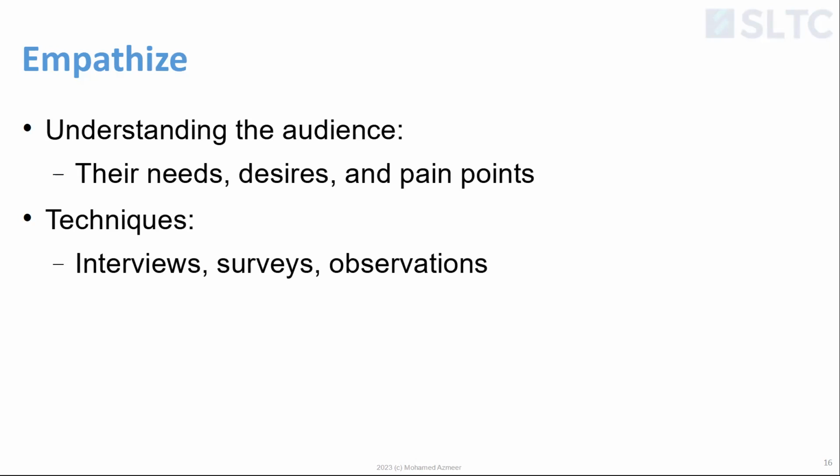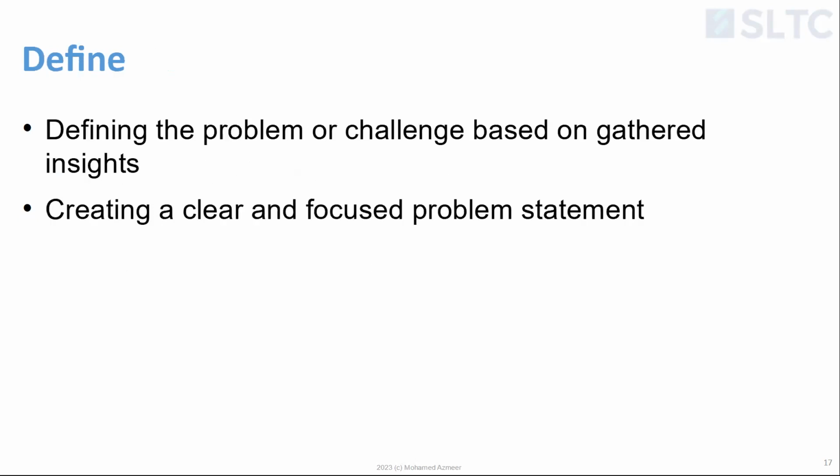Otherwise, you will be talking to few people and treating the problem as if it's everyone's problem. So when you're doing a survey, you need to make sure your sample size is large enough. We call it the representative sample. Once you do that, you look at defining what is the problem here, what is the challenge they're facing.